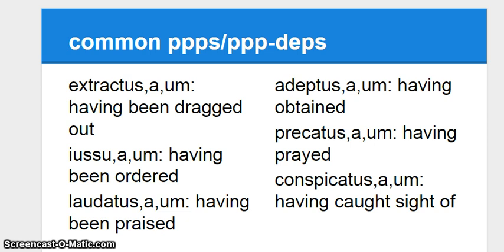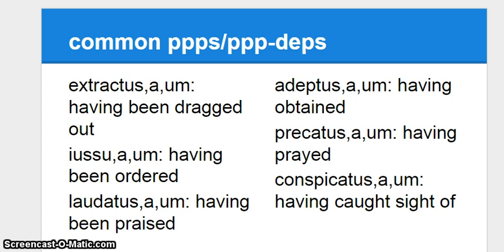With the PPP-deps, it is really important not to forget that they are translated actively. Although they look like they should be translated passively, translate them actively as having X-ed, while PPPs, you just do having been X-ed. Alright, and do not forget that they are like adjectives.